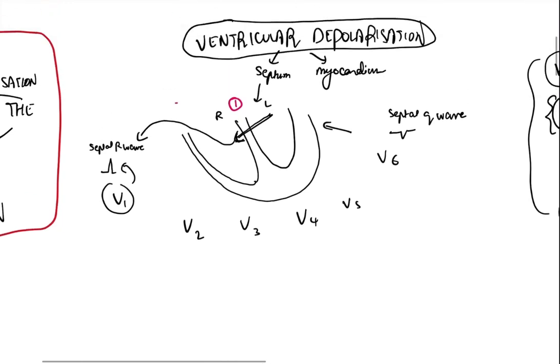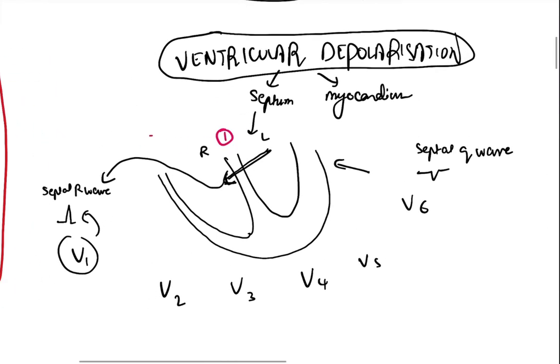Let me summarize it again. Ventricular depolarization includes septal depolarization and then finally the main myocardium getting depolarized. Septal depolarization takes place in the direction of left to right. Since the current of depolarization is traveling towards V1, you get a positive wave, called a septal R wave, right?